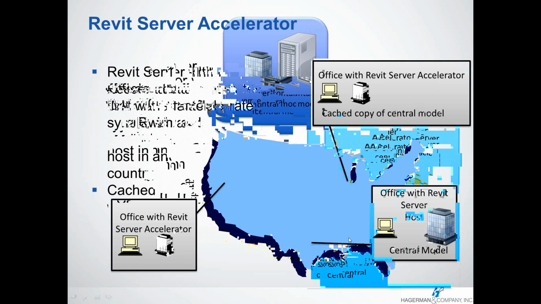I've gotten an issue where you install Revit Server and they're like, yeah, great, we got Revit Server running, and then they start using it and they're like, you know what, we better get an accelerator. So if you watch this presentation, you should have a pretty good idea that we need to put some accelerators in there, and you'll know ahead of time, and you won't have to spend more time figuring that out and implementing it.